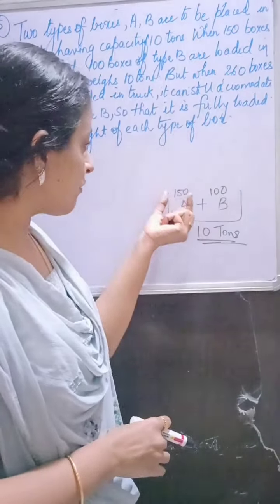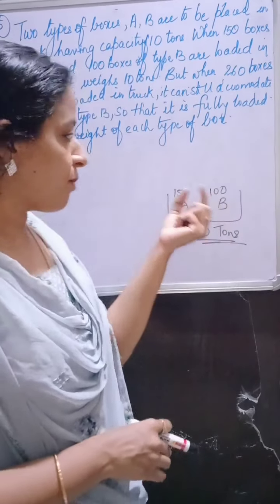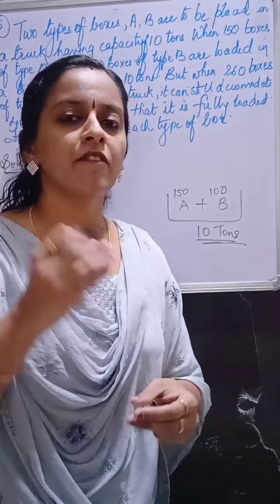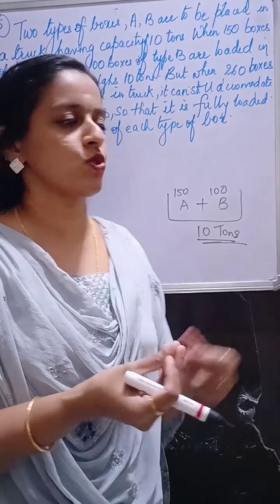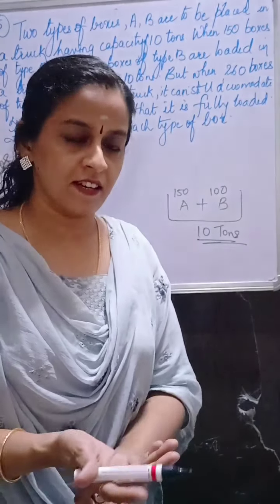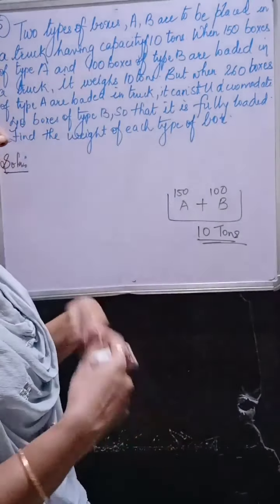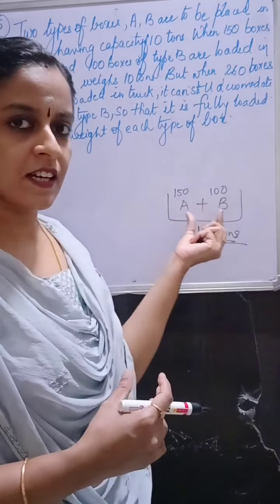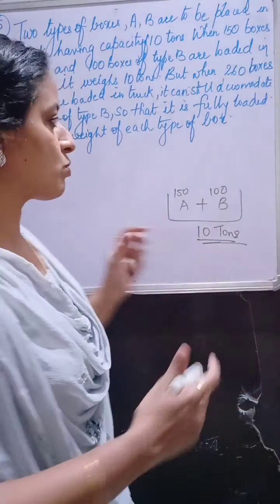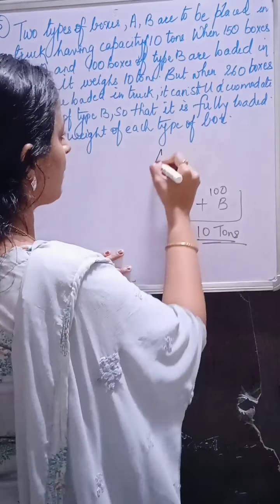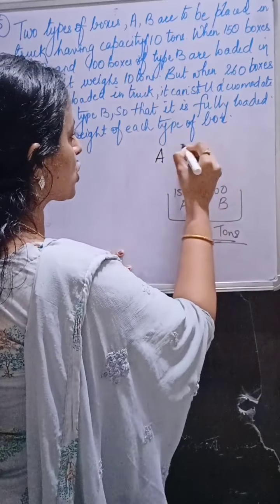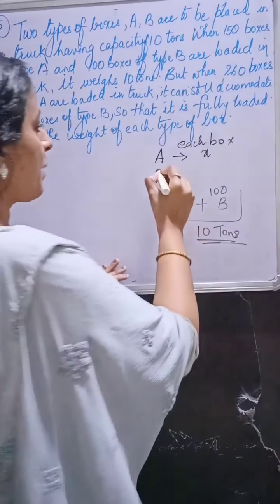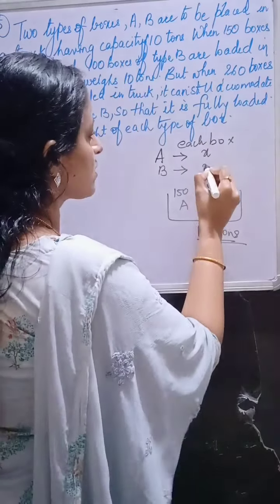Now 150 boxes of type A. Let us assume that the weight of each box of type A be X and the weight of each box of type B be Y. So type A's each box weight is X. Type B's each box weight is Y.